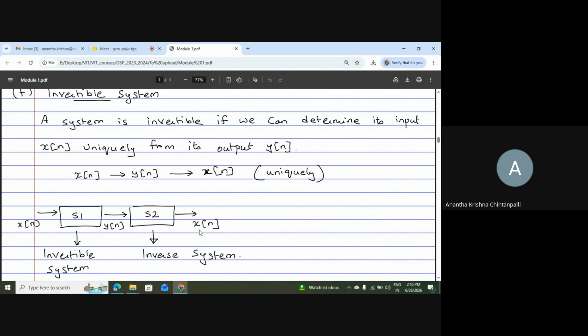So x of n should be uniquely obtained from your output y of n. The test for an invertible system is that if two inputs produce the same output, clearly it's a non-invertible system, because obviously you cannot retrieve your original input signal x of n uniquely.